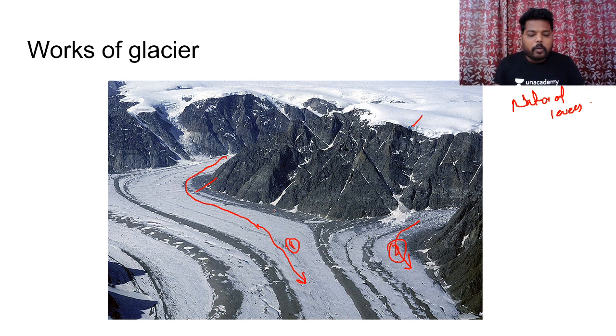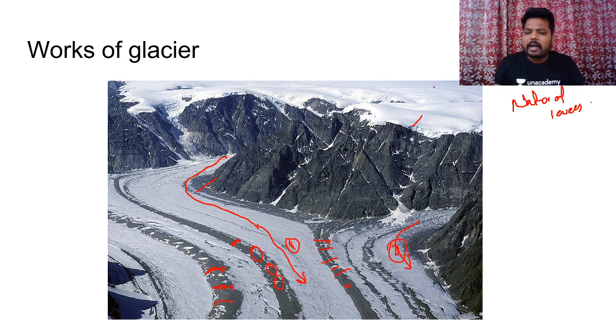When they lose their transportational capacity, those sediments might have deposited on the banks of the glacier, creating this embankment-like structure. You can see here elevated sedimental embankments. These kinds of structures which show a path to the glacier are called moraines.